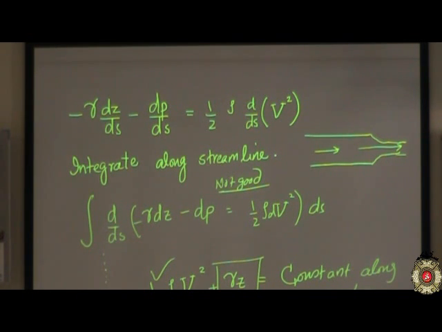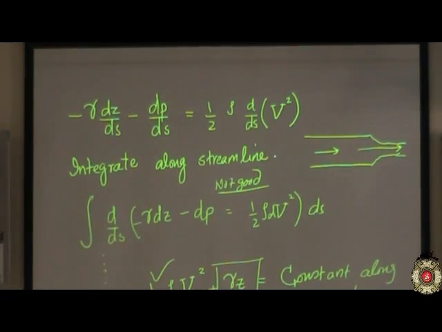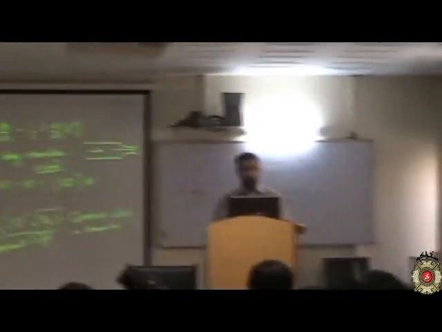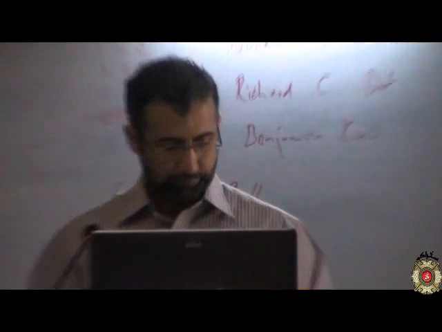But most importantly, there are certain assumptions. Once these assumptions are true, only then you can apply this equation. Some fundamental and conceptual thing in Bernoulli's equation is that you must know the assumptions.